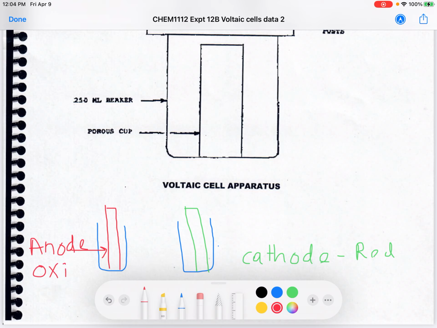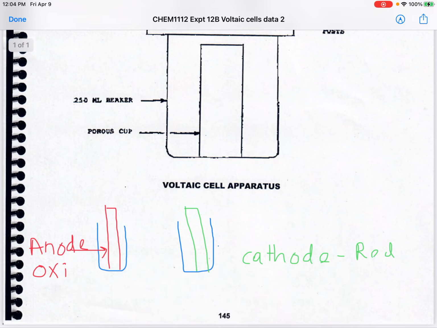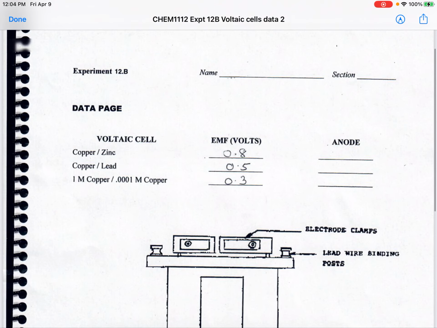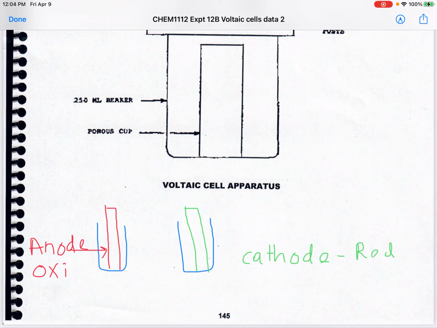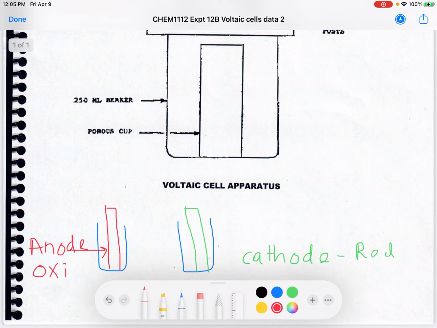Oxidation means, let's say our first cell that we are looking at is zinc and copper. Let's look at that copper zinc cell. Your anode is going to be zinc. But how do you know the anode is zinc? In order to find that out, you need to know their E note cell values.